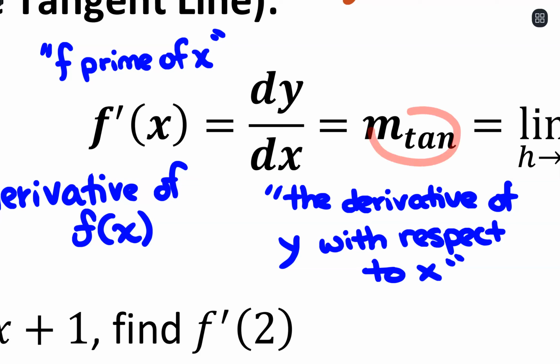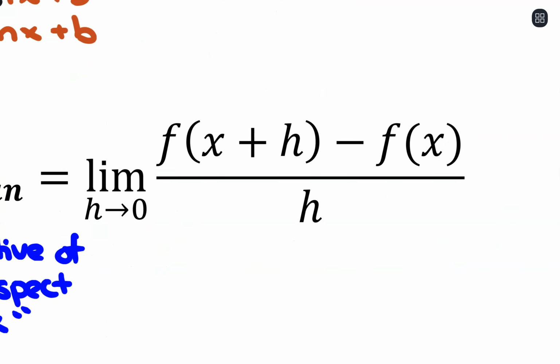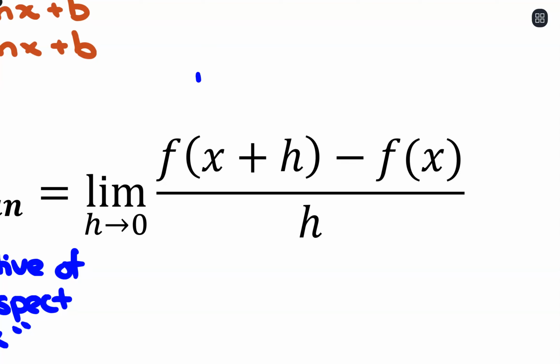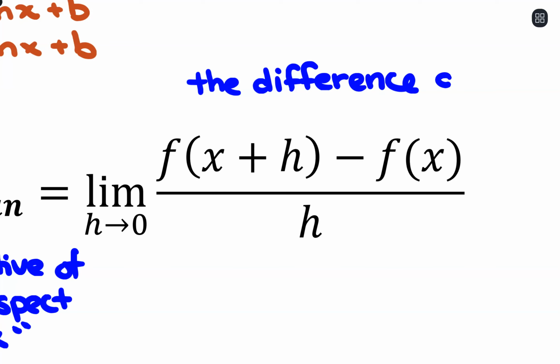This m with the subscript of tan just means slope of the tangent line. So m is our slope notation, tangent line to denote specifically where that slope is coming from. And then right here is that same notation for the difference quotient. So evaluating this limit here is going to give us the derivative, is going to give us the slope of that tangent line. So all of those ideas together.